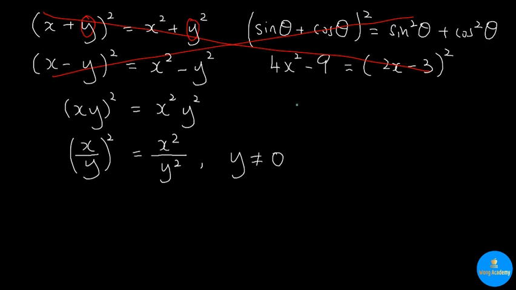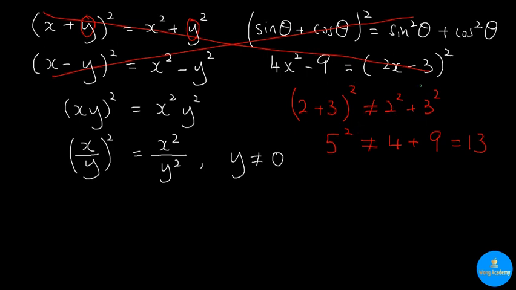For example, 2 plus 3 all squared should be 5 squared. 2 squared plus 3 squared should be 4 plus 9, which is 13. Because 5 squared is not equal to 13, we should know that 2 plus 3 all squared is not the same as 2 squared plus 3 squared.